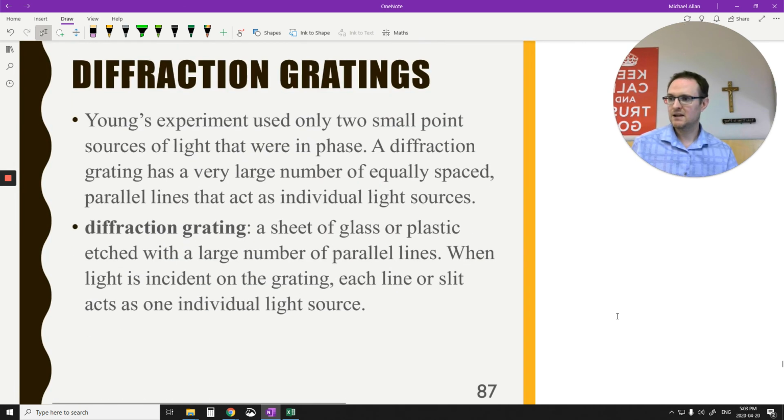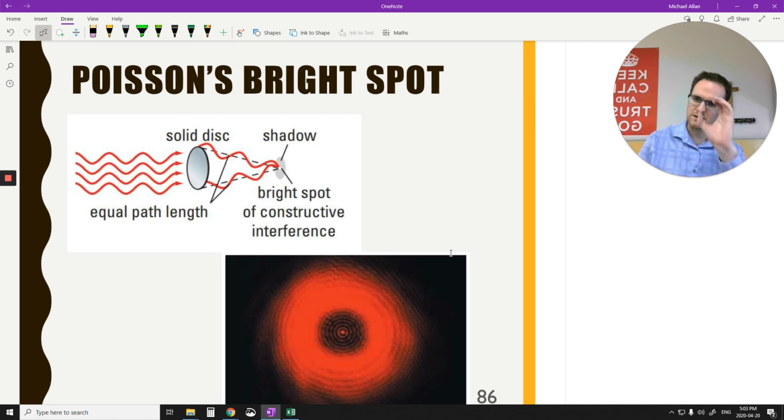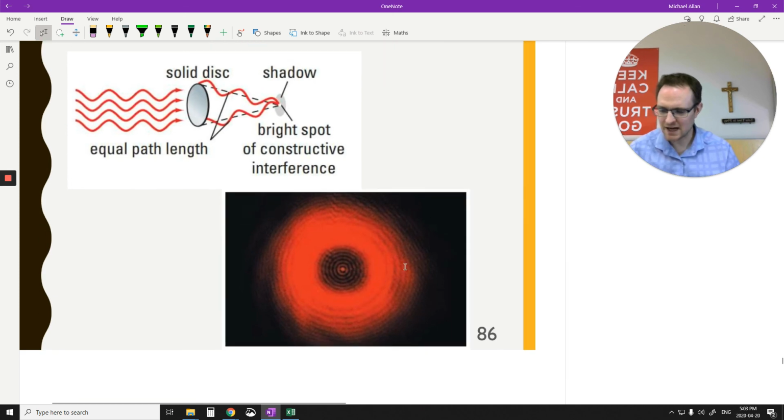All right. We're going to break this up into a different video, but before I go on, another guy named Poisson did the same thing. We passed a parallel light towards a little disc, and he noticed that as the light bent around on all sides, not just two sides like a 2-slit experiment, it also produced that same kind of pattern.